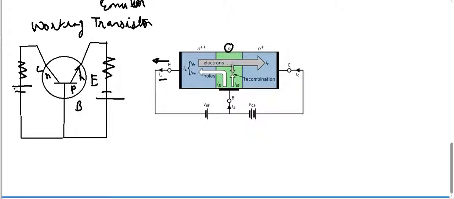Now consider that the collector side is further connected to the positive terminal of the battery.